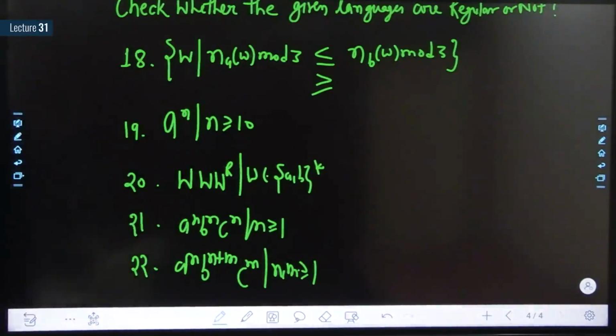Please check whether these are regular or not. Try to do it fast.